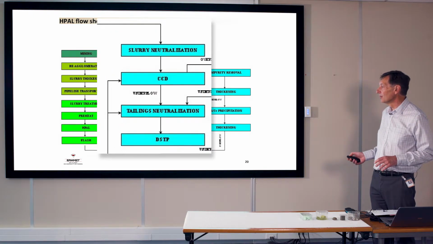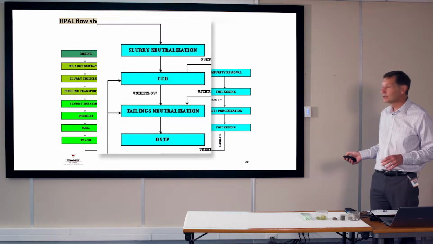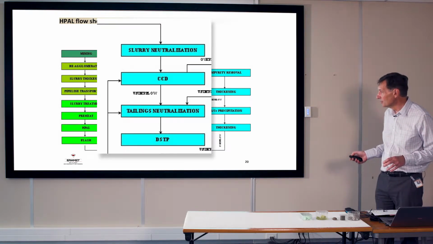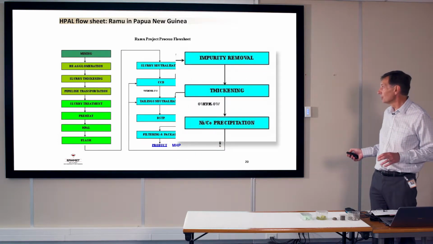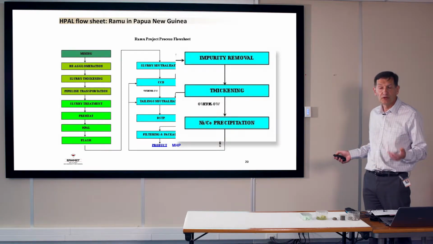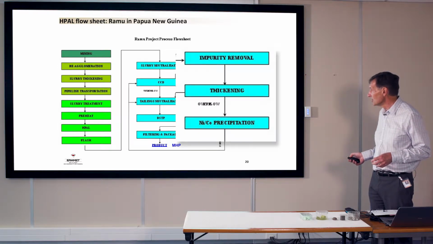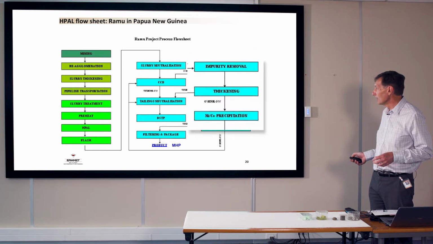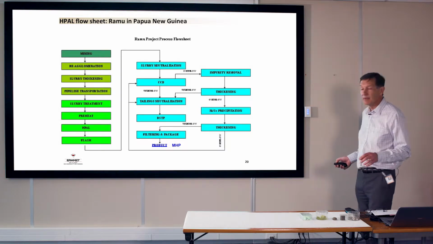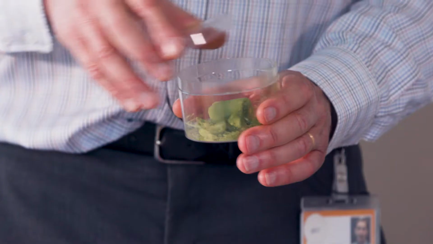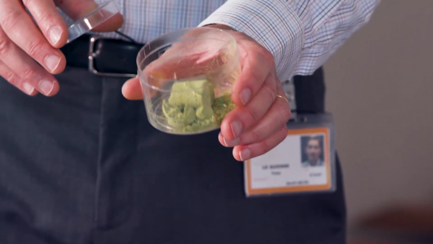Then neutralization of the slurry coming from the HPAL to neutralize the acidity, the CCD, countercurrent decantation, to separate the residue and to treat the residue, and to recover a solution with impurity removal, impurities such as chromium, aluminium, and iron, and then precipitation of nickel cobalt with caustic soda, and production of what we call MHP, a mixed hydroxide product. And you find that this yellow-green product, that's MHP.